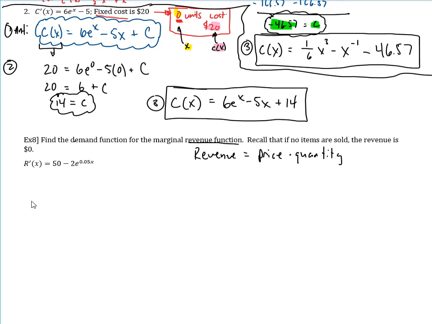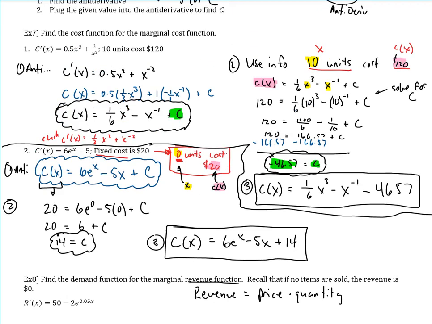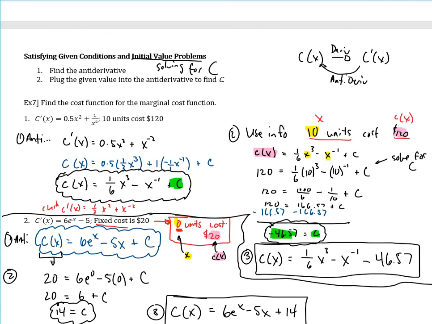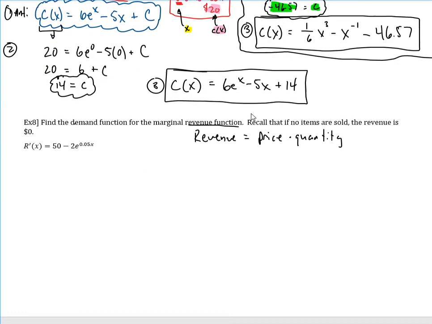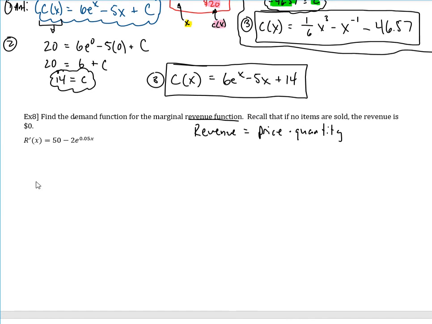And so let's get our revenue function. If we have marginal revenue, just like with our cost, taking the antiderivative would give us the revenue. So what I want to do is find the antiderivative again. And it looks like it's set up already, so let's set it up in blue.